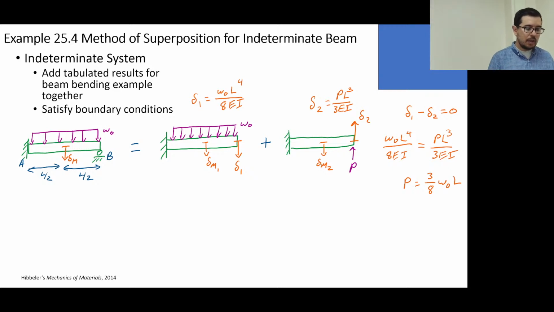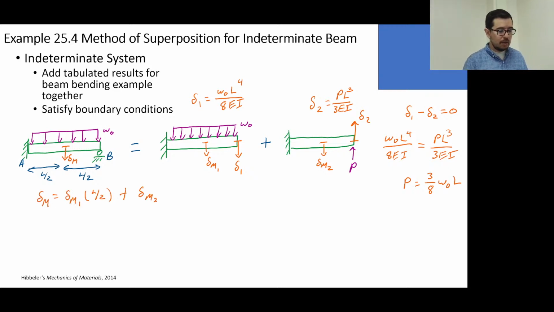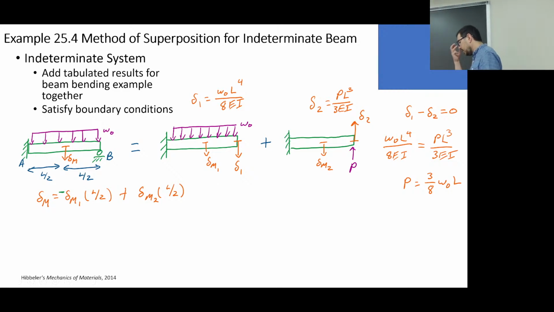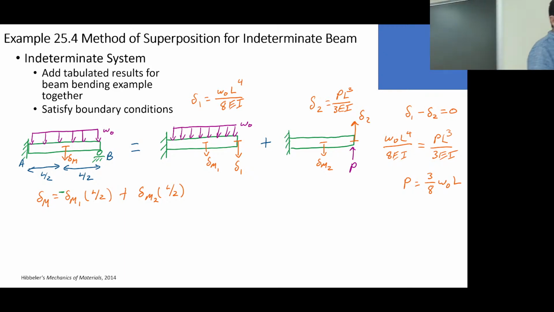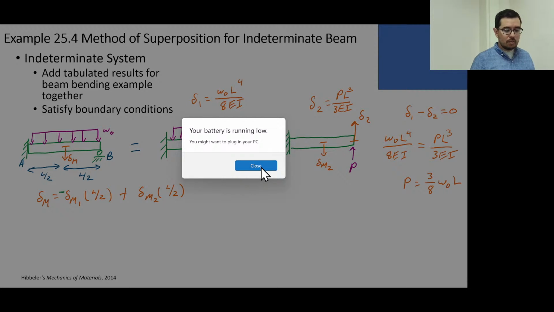But first we write, okay, the displacement of this middle is going to be equal to this displacement, and we're saying that's negative, or however you want to do it. This is again a situation where you're like, okay, what is the direction?